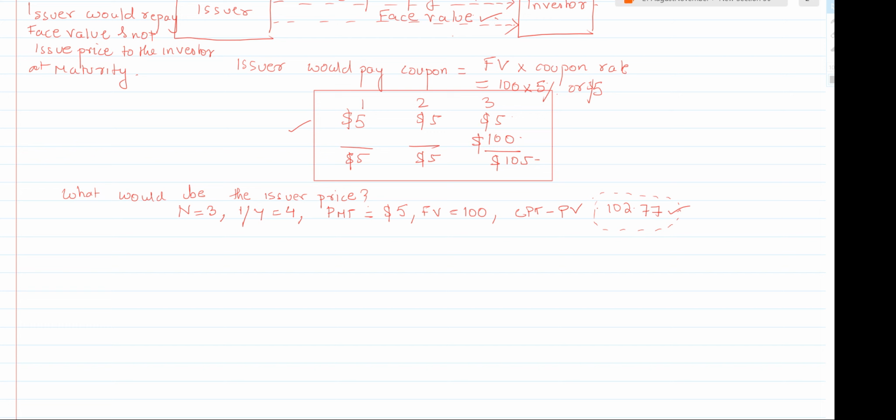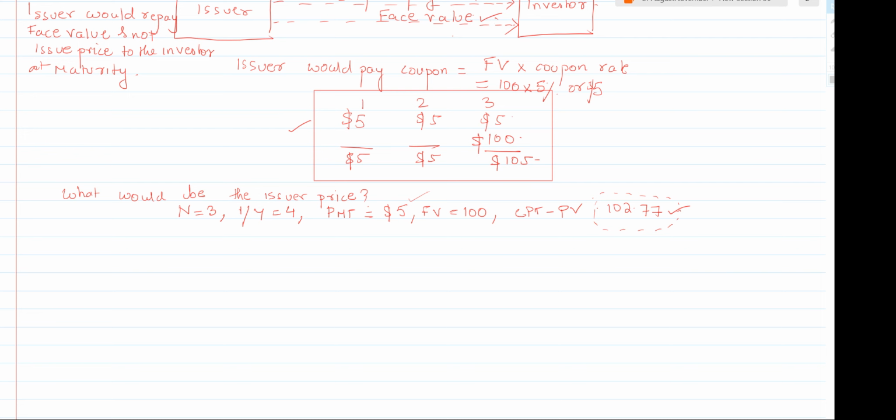And we can see that the bond is being issued at a premium. Why? Because this bond is offering more coupon than similar bonds in the market. Right? This bond is offering me 5% coupon, but other bonds with similar credit rating in the market are offering me 4%. So since it is offering me more interest, it will be issued at a premium, right? Because investors would be attracted to buy such bonds. Right?